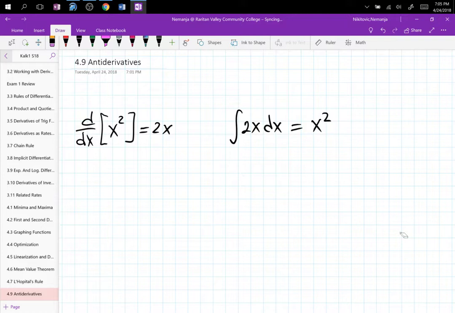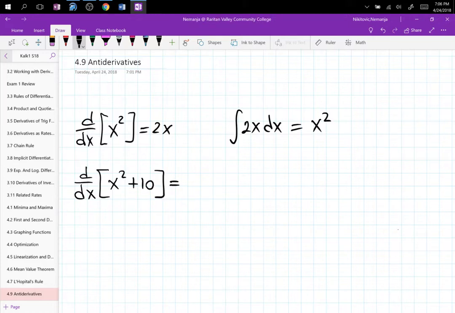Now there is more to this stuff. The derivative of x squared plus 10 is how much? Also 2x. So that means that the integral of 2x dx is equal to x squared. Do you already see an issue over here? Missing information. Very good.